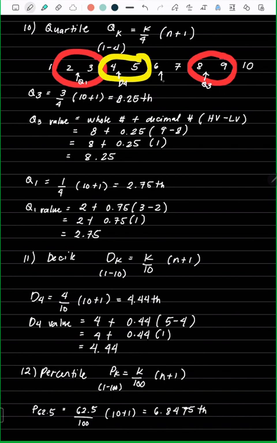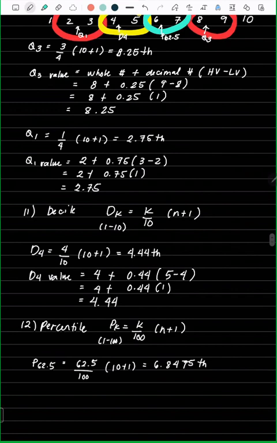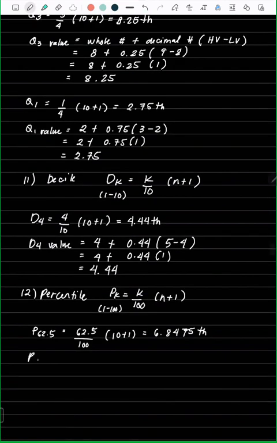And the position would be the 6.875th position. So again, we're going to change the color. 6.875 would be here. So this would be P62.5.